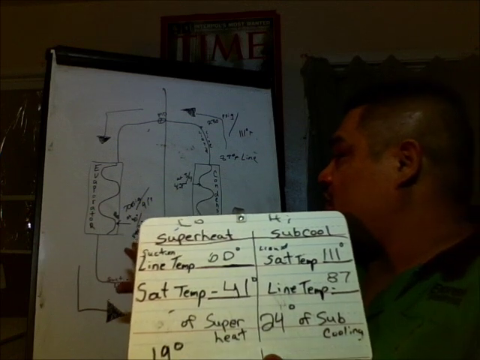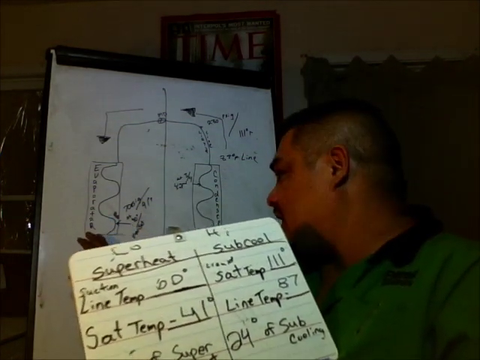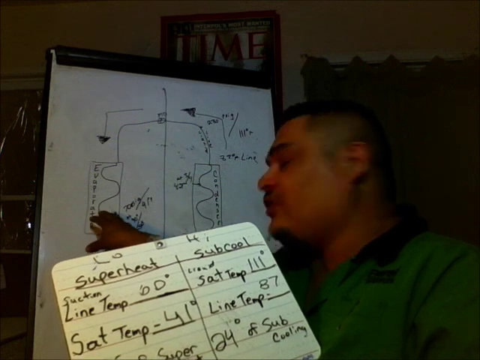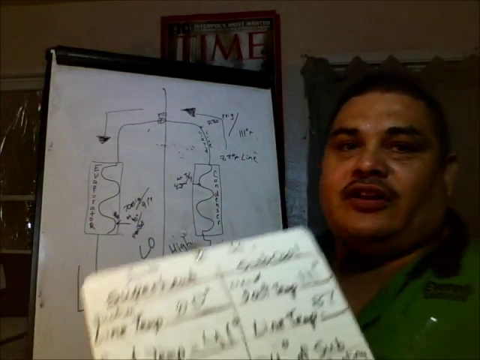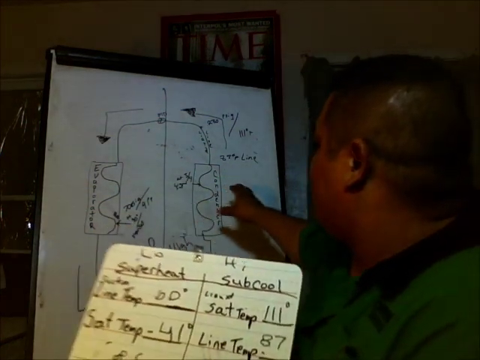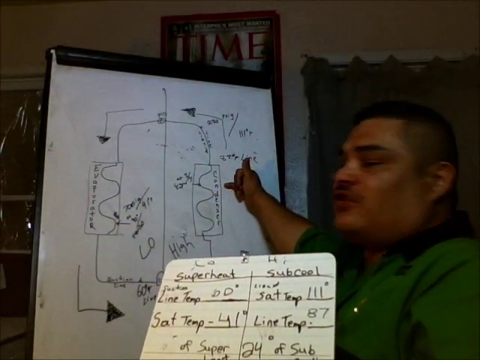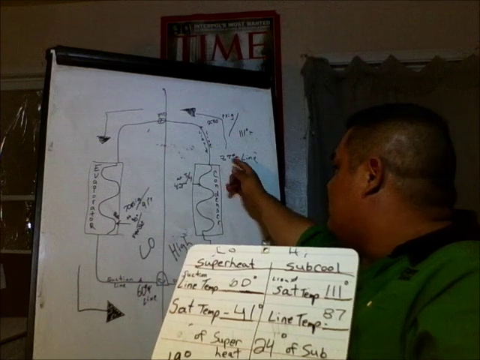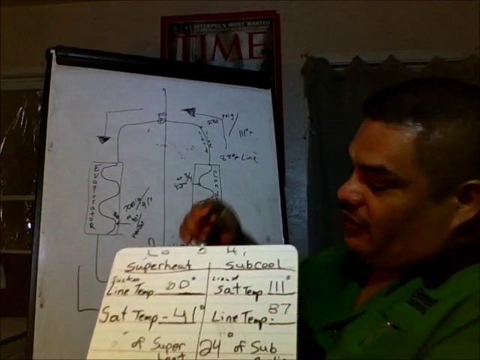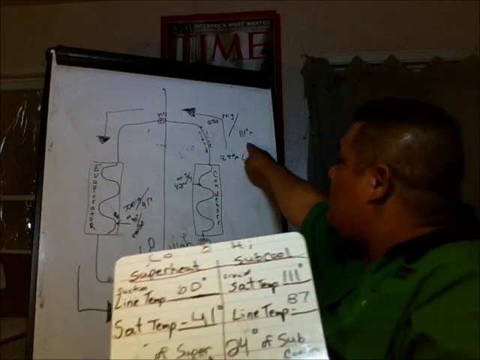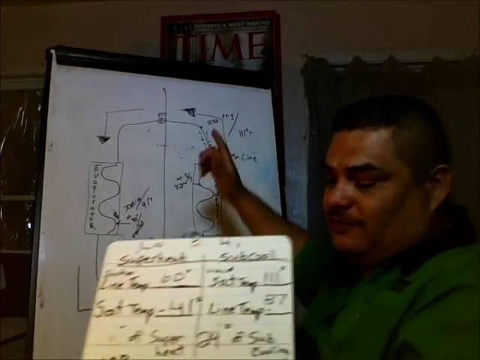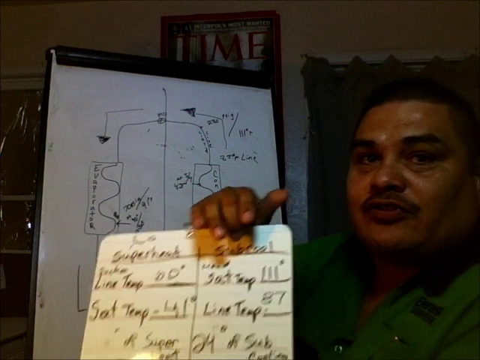Remember, superheat is the heat added after it leaves the 90% mark of the evaporator, into the line before you get to the condenser. Now the subcooling: after you hit the saturation point at three-quarters of the condenser, it's going into the liquid line. I got my saturation temperature of 111, which corresponds to 230 psig, and then I took a line temperature of the high side line.